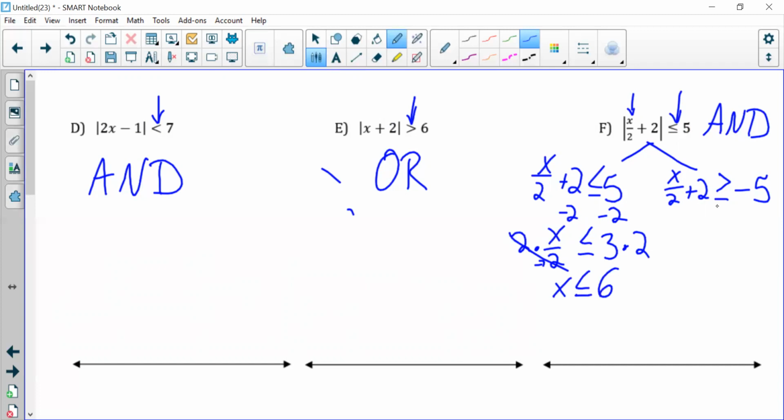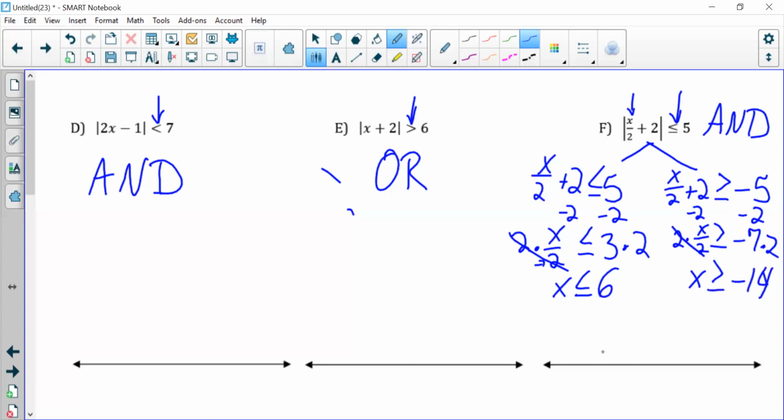All right, now let's do the other equation. Subtract 2. So x over 2 is greater than or equal to -7. Once again, multiply by 2. So x is greater than or equal to -14.